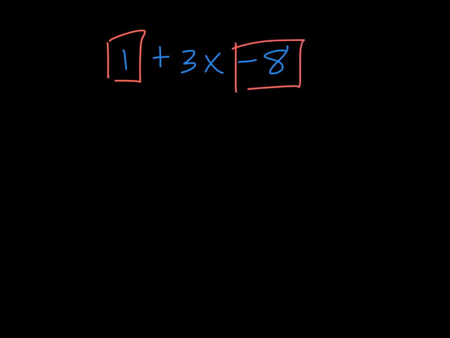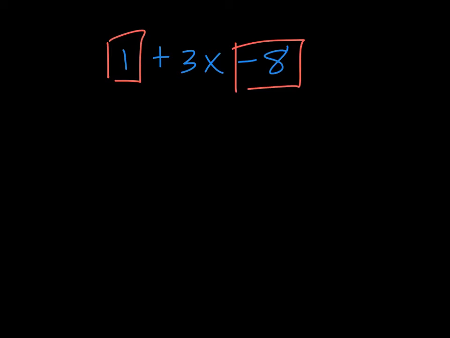Let's focus on some combining like terms with algebra. So I have 1 plus 3x minus 8. I'm going to go ahead and box in my like terms. 1 is just a number, and negative 8 is just a number, meaning there are no variables attached to them. 3x cannot be combined with anything because nothing else has an x attached to it.